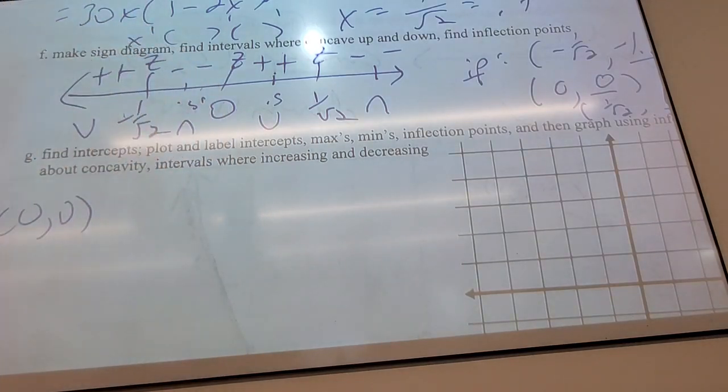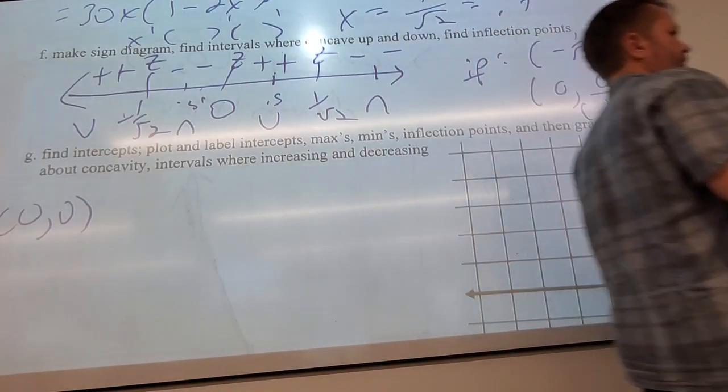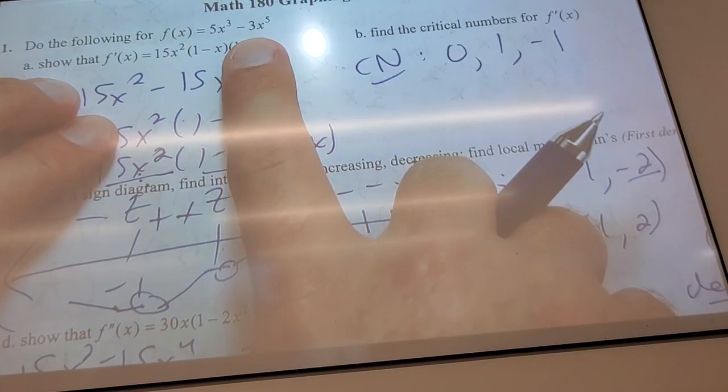Second derivative equal to 0? No. I want to know the intercepts of the function, which are points on the function. So what am I going to look at? F. I'm going to look at F. So I want to know the intercepts for this function.